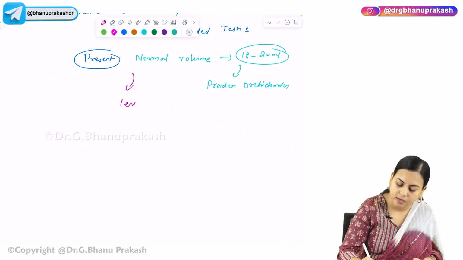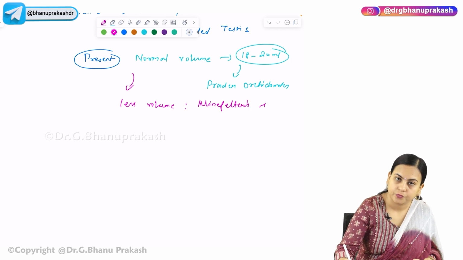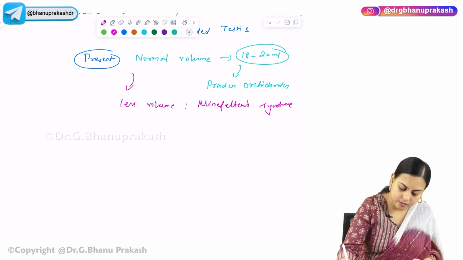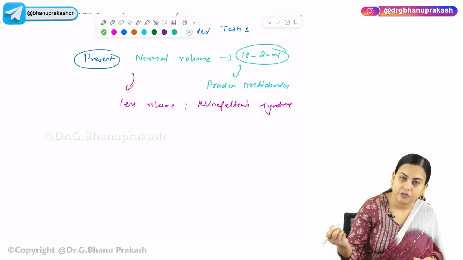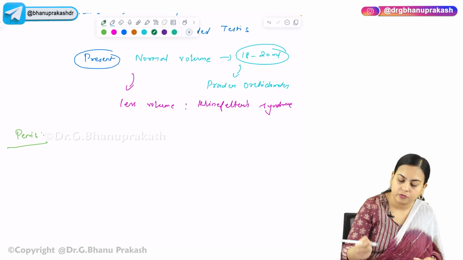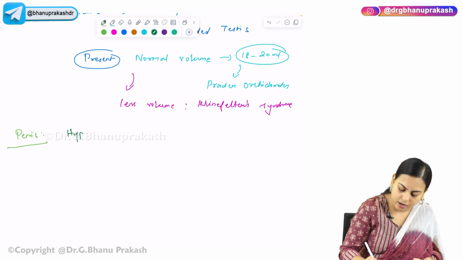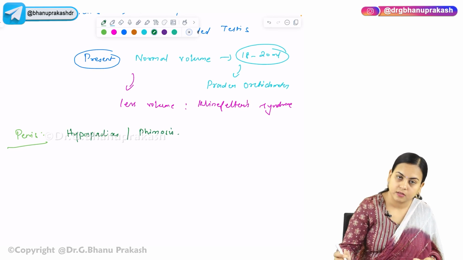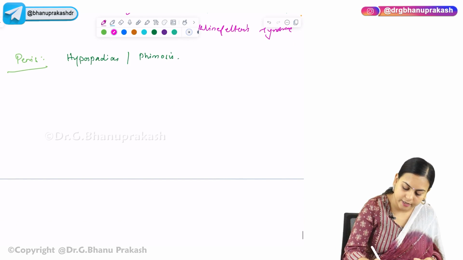Suppose if this is less volume, then you have to suspect Klinefelter's syndrome. Clear? Right. Now, the next examination would go for penis. In penis, you have to check whether there is hypospadias or phimosis.